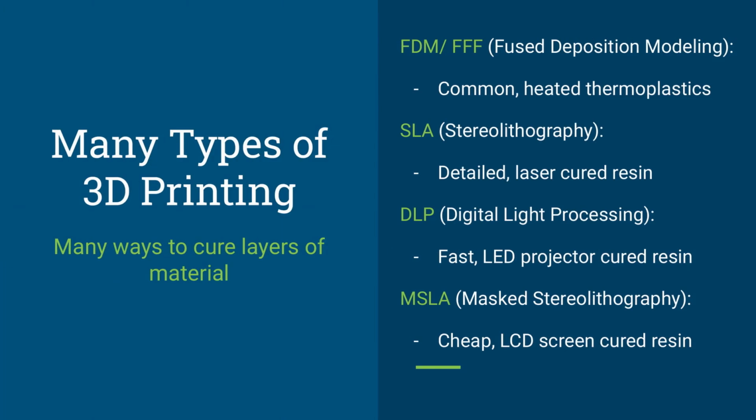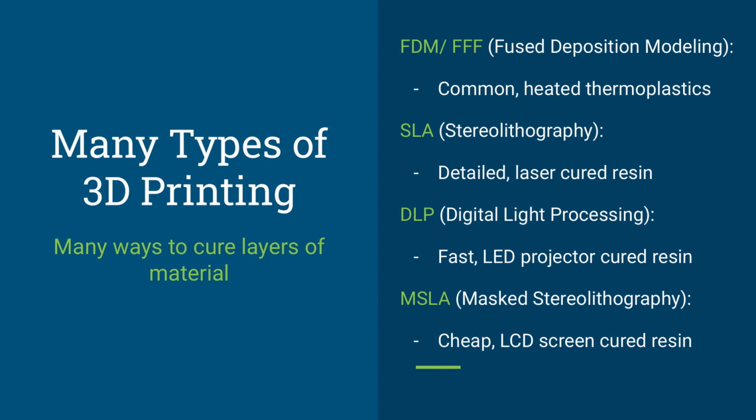So let's get started. There are many types of 3D printing, and as you can see, there are many ways to cure layers of material, as that is what 3D printing is defined as. The first and most popular is called FDM or FFF 3D printing. The FDM stands for Fused Deposition Modeling, and the FFF is just another term for the same process, also known as Fused Filament Fabrication, but they're mostly the same thing.